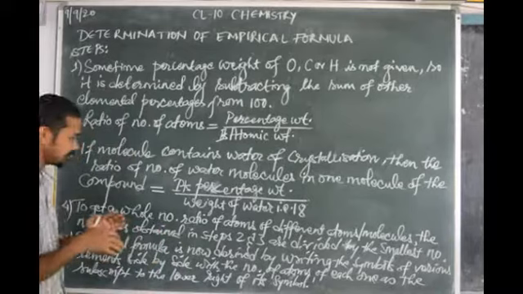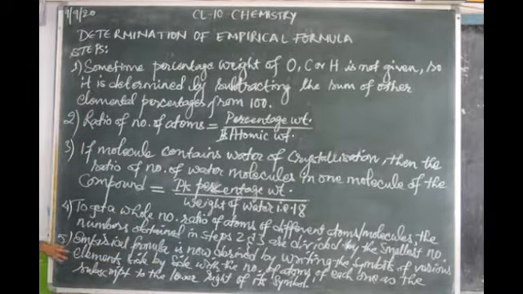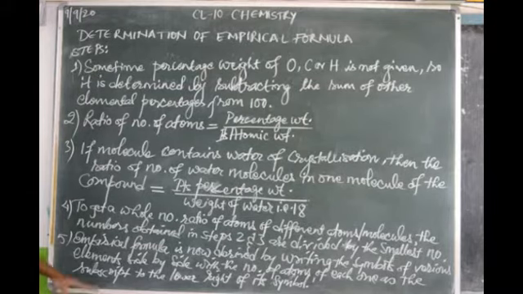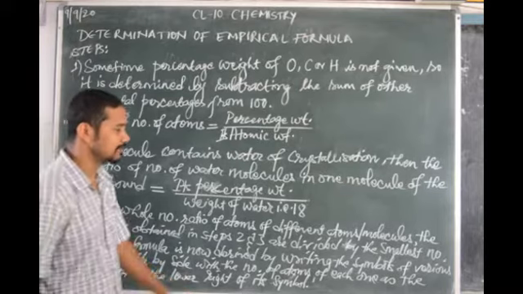And finally, after getting that whole number ratio, the empirical formula is derived by writing the symbols of the various elements side by side with the number of atoms of each one as the subscript to the lower right of its symbol.